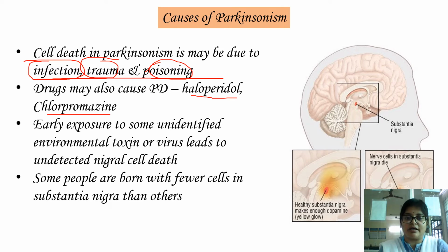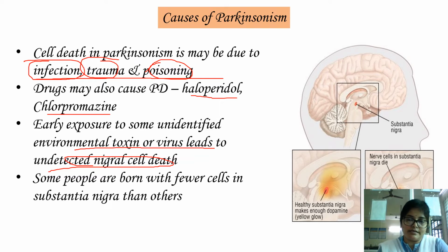And early exposure to some unidentified environmental toxins or virus can also lead to undetected nigral cell death. Even some environmental factors are also responsible for causing this Parkinson's disease. And sometimes some people are genetically born with fewer cells, a very small number of cells in the substantia nigra.